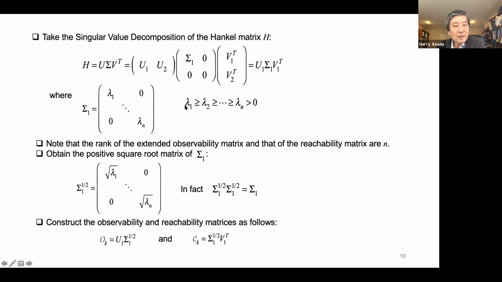You remember that all these singular values are basically positive, because the singular values come from the eigenvalues of the matrix H transpose H, and H H transpose has the same eigenvalues.